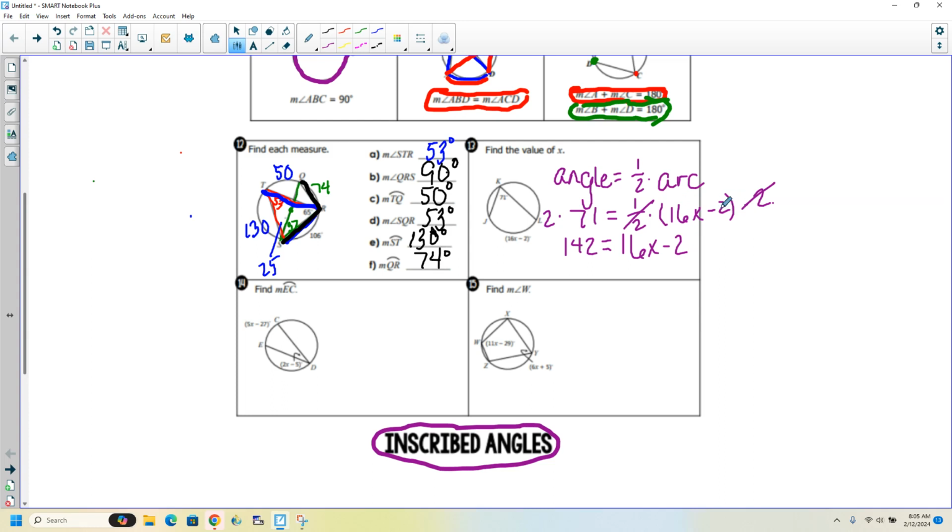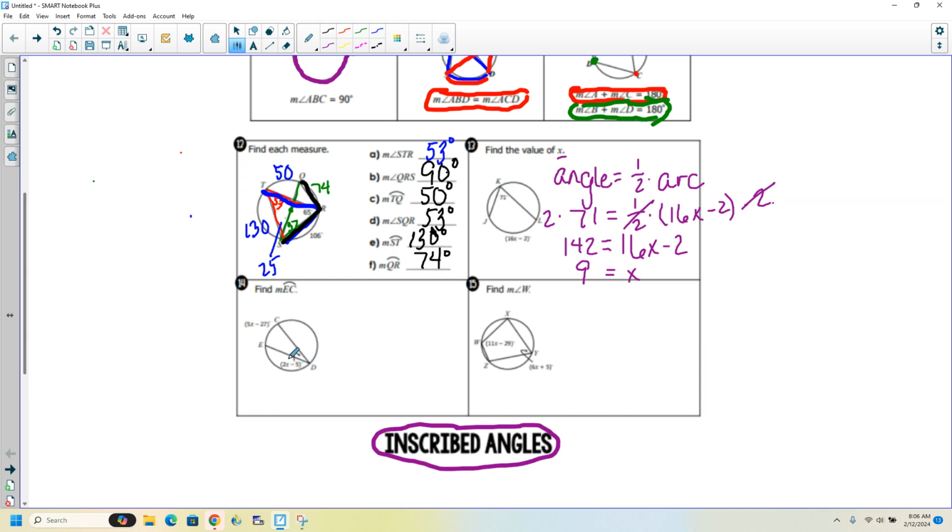I don't need the parentheses anymore because nothing's being multiplied by that. So now I can add 2 to both sides and then divide by 16 and find out that x equals 9. They asked for the value of x, so I'm done. If this is a quiz or test, you bet I'm plugging that in and making sure that that arc is really twice as big as that angle.